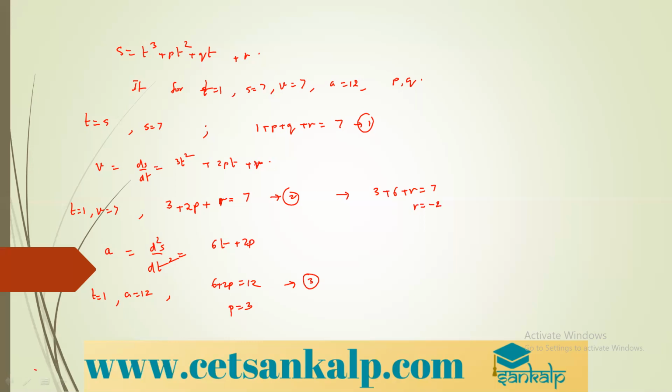Q equal to minus 2. Now because p and q we know, 1 plus p is 3, q is minus 2 plus r equal to 7. R equal to 7 minus 2, that is r equal to 5.